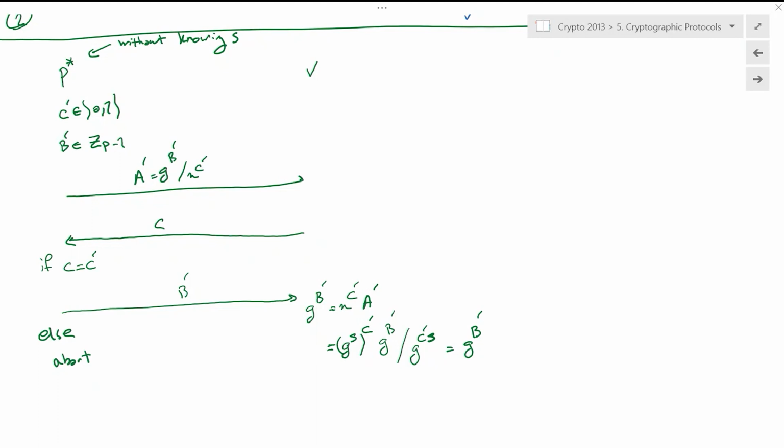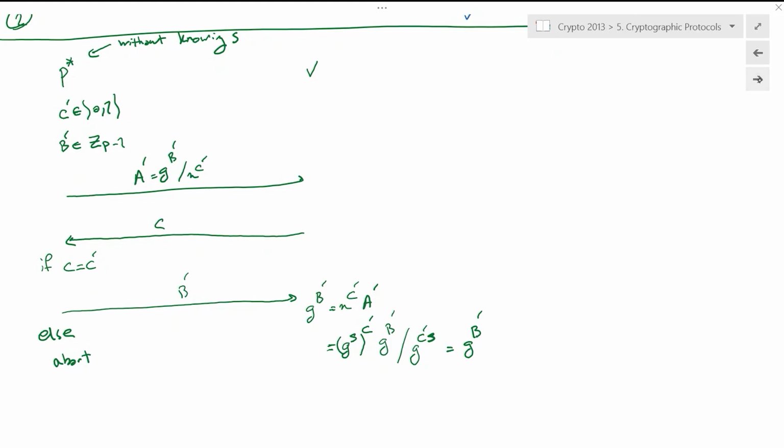We can imagine that we can run this many times, and maybe you cheat one time, you win. You cheat twice, you win. But when we run this for T times, there is a very high likelihood that you make a wrong guess for C, and then you basically lose in one of those rounds, and then the verifier would be able to catch you.